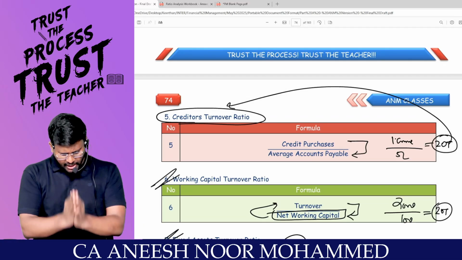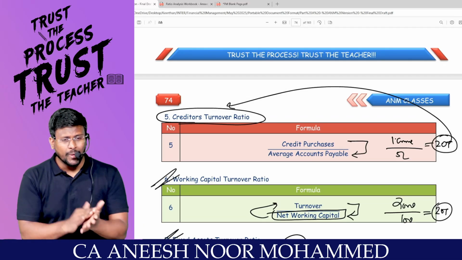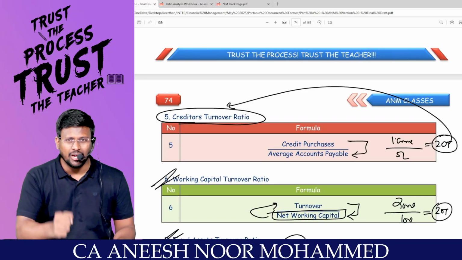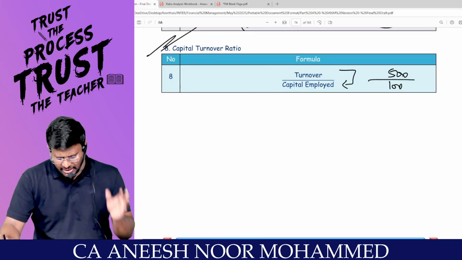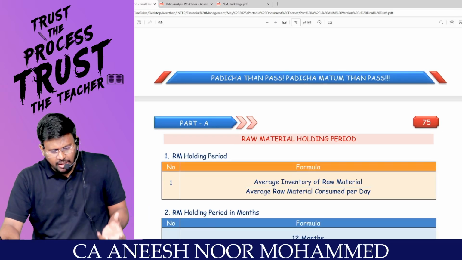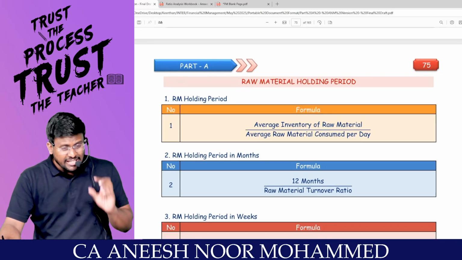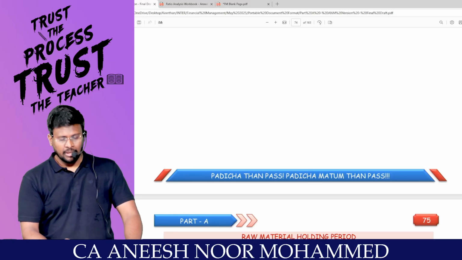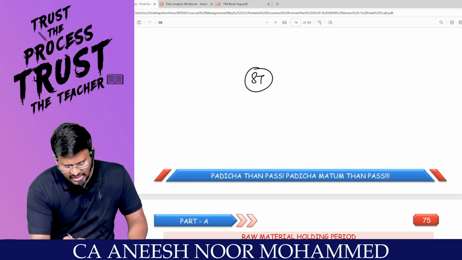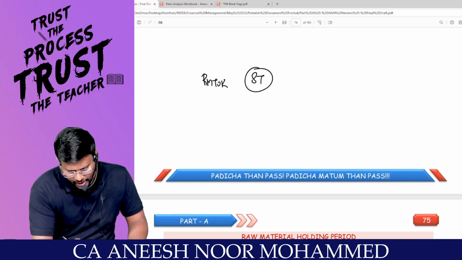If the same turnover ratio you express in days, it is called the holding period. The same thing can be reversed; you can say it as the holding period. It is a way of expression. Now, in a year, 8 times is my raw material turnover ratio.